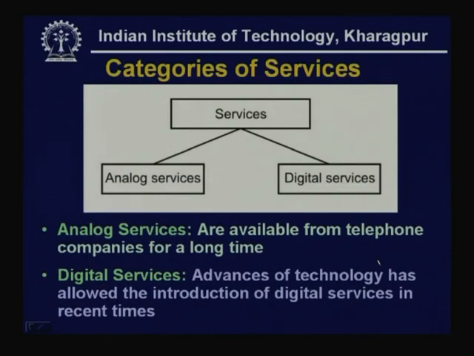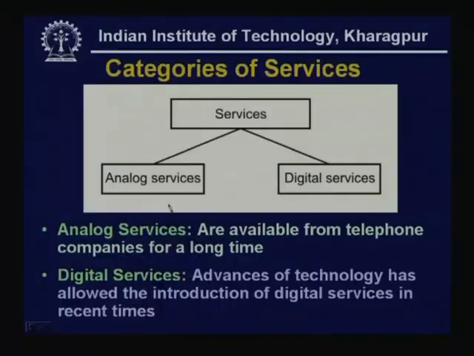Now, let us see what are the types of services the telephone network provides to us. The services can be broadly divided into two types: analog services and digital services. Analog services are available from the telephone companies for a long time.